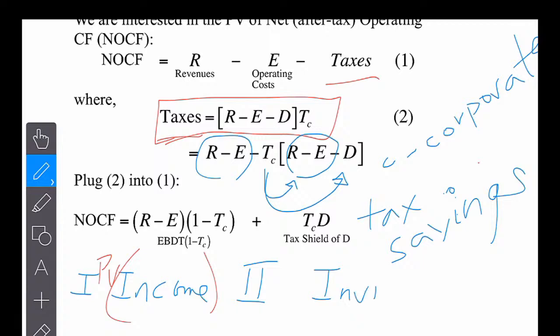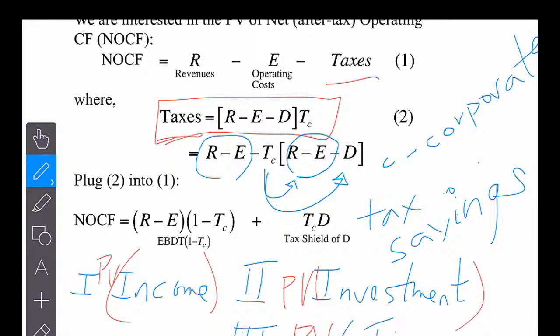I want to compute the cash flows from investment, and I need to get that in present value terms. And the third part, I'm going to refer to as the present value of tax shields.